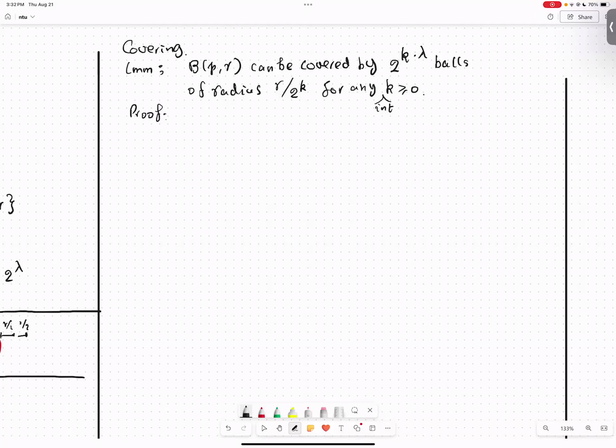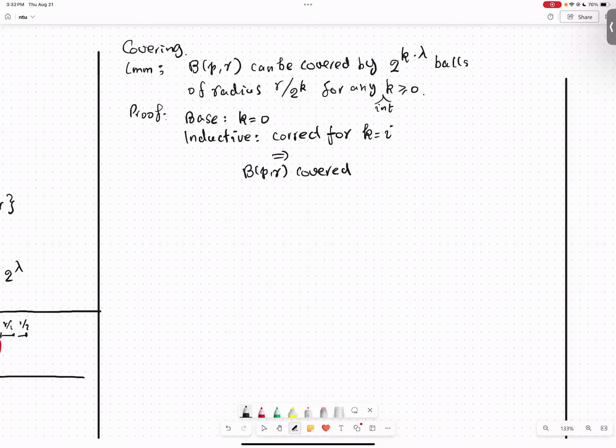Well, clearly, induction. So let's prove the base case. The base case is k being 0, and that's trivial, I told you. In the inductive case, let's say it is correct for k being i. We want to argue that this is correct also for i plus 1. Now, correct for k being i tells us that B(p, r) is covered.